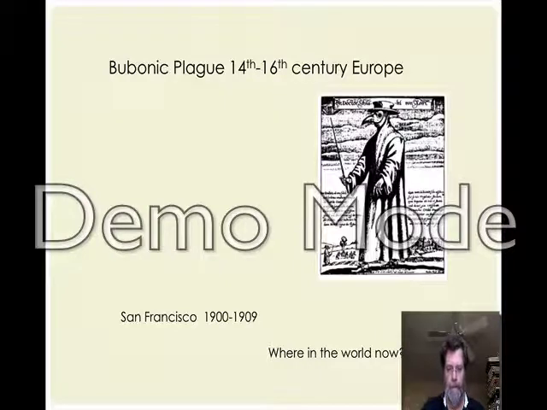Now, another example, the bubonic plague, you're aware of it, the Black Death of the Middle Ages, had huge social implications. There are many things that could be said about it.